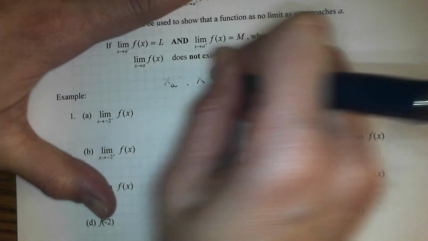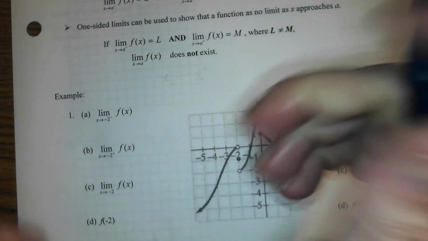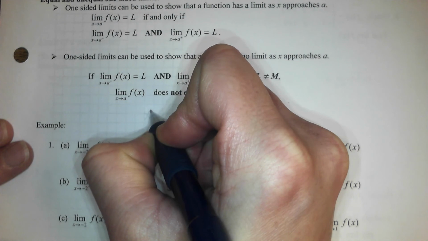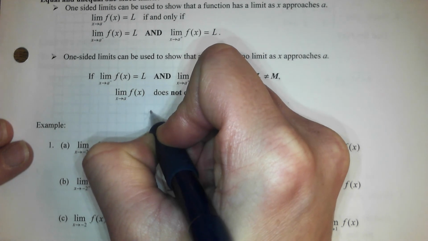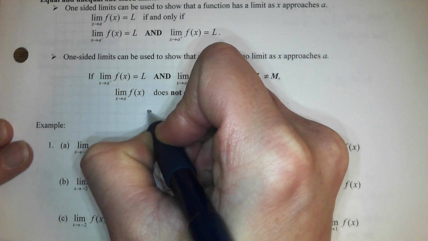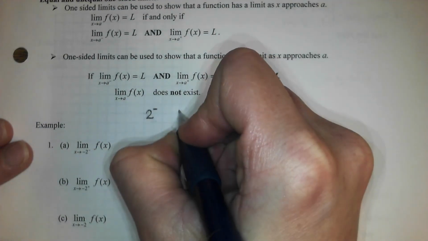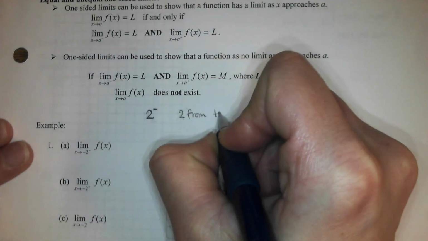So I'm going to do this up top just to take that note for you. If I'm approaching some, I'll just do 2, that means 2 from the left.